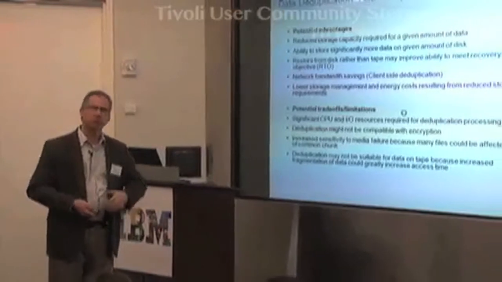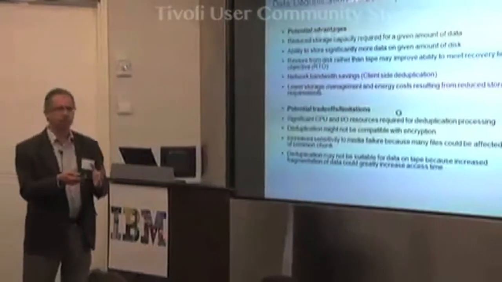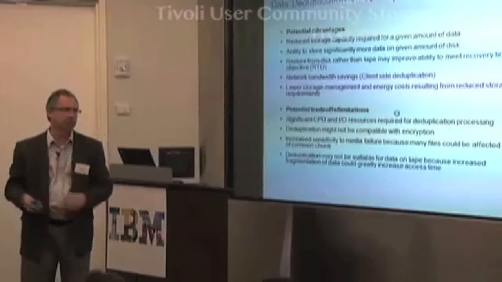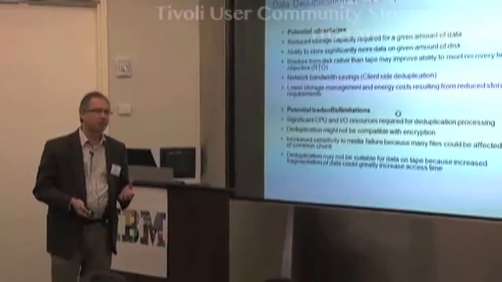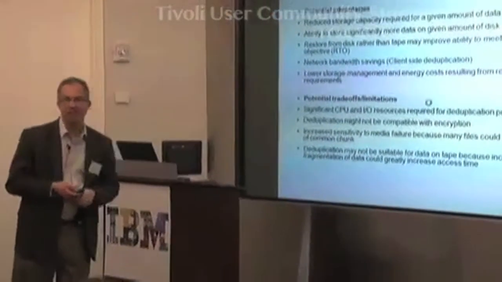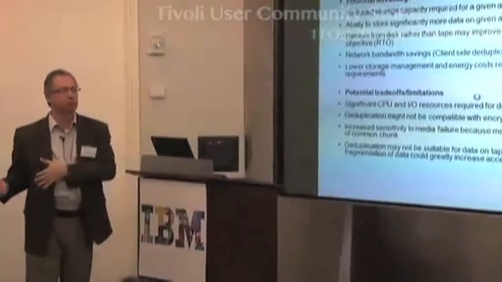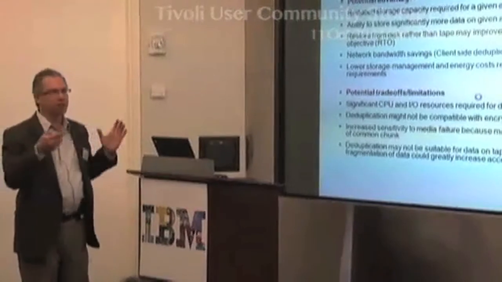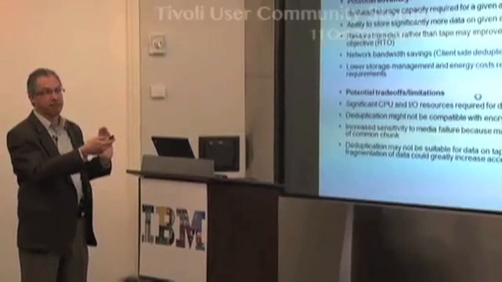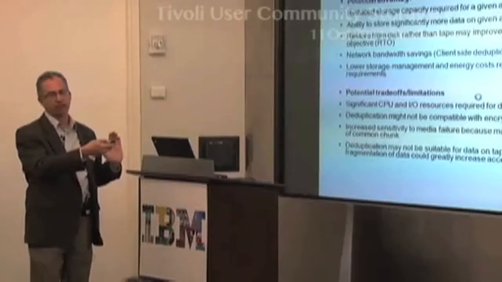So the question was, when would I not use the server side and use something like a ProtecTIER? And the thought process was, if you're backing up more than 3-4 terabytes a night, you should probably go outboard because you won't have enough time in the day to process 3 to 4 terabytes worth of backup data.